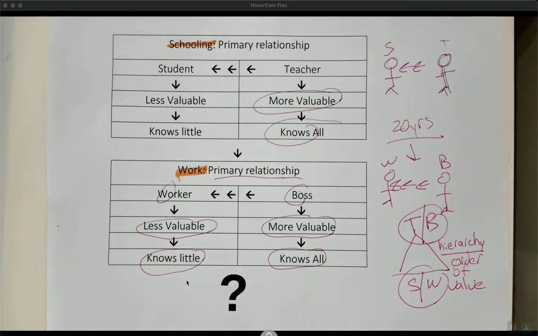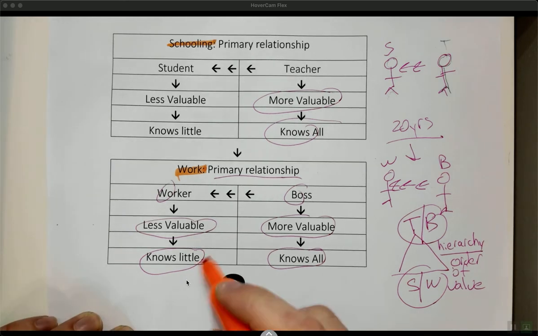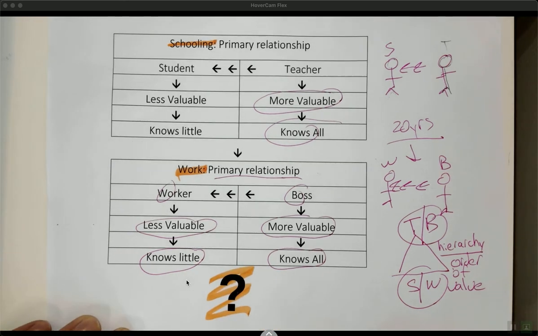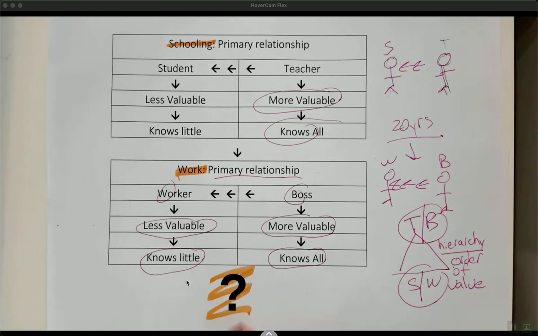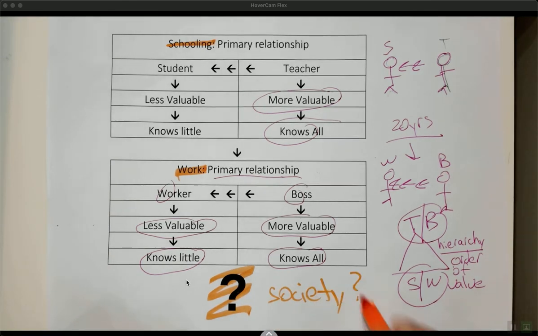And these are your experiences of relationships. Getting to this last part here, how does that then affect our society? Right? What kind of society are we going to have if we're only experienced in having hierarchical relationships where a teacher or a boss or some other figure is more valuable, more important than we are?